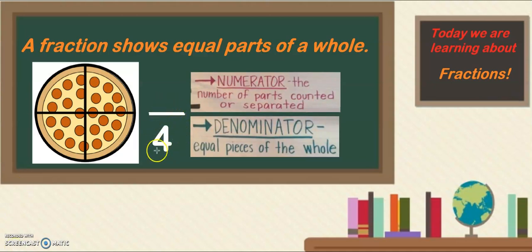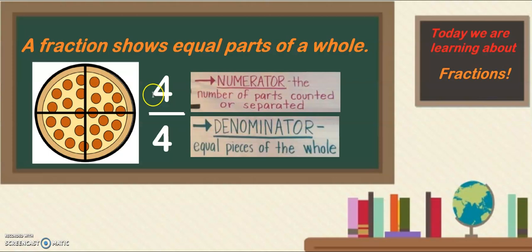So the 4 would go on the bottom because it's the denominator. It's how many equal pieces of the whole there are. Now, what's the numerator right now if we haven't eaten anything? The number of parts counted or separated. It's still 4. So we have 4 out of 4 pieces of pizza.